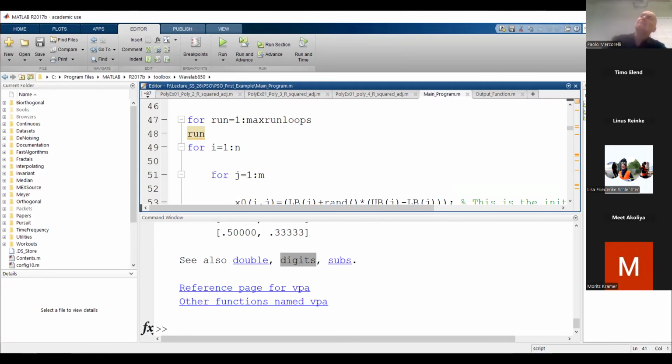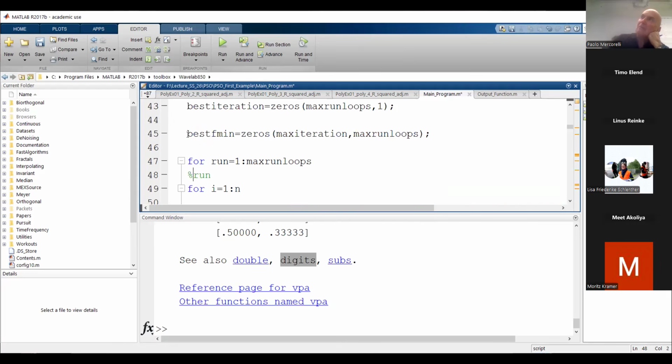Here we can cancel this. It was here because run is basically our index for the loop, which starts in 47. But as I told you, basically we don't have this loop because it's running just one, no?